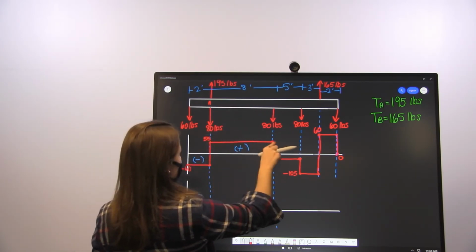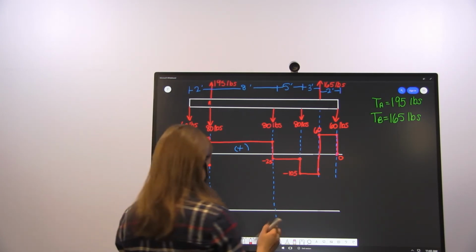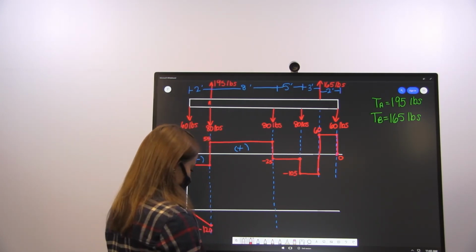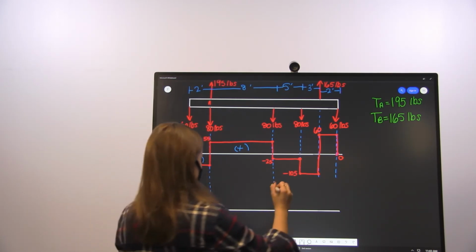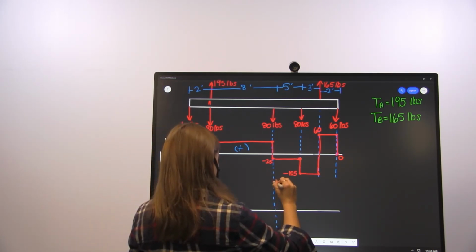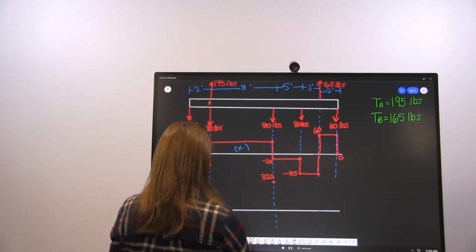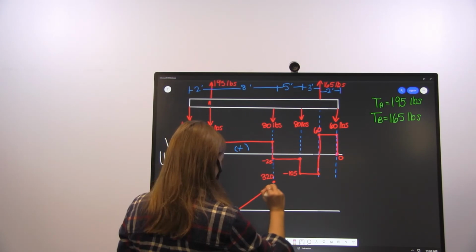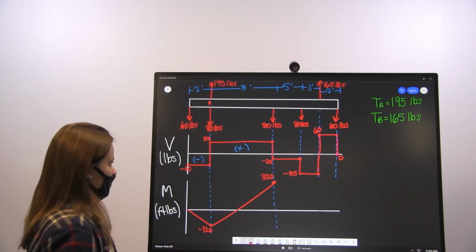We're staying at the steady 55, spanning 8 feet, base times height, 55 times 8. And when we do 55 times 8 and add it to negative 120, we end up getting positive 320. And that's going to be a straight line. It's going to be linear.